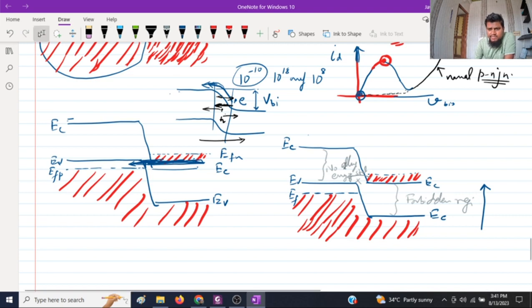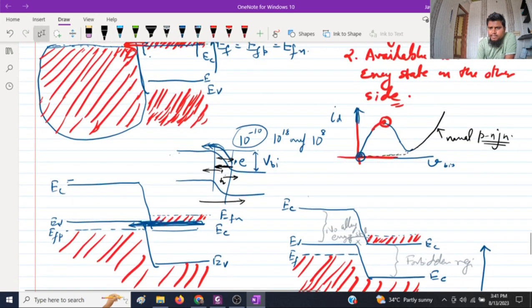So this is the IV characteristic of a tunnel diode. This maximum current is called the peak current, IP, and the voltage at which this happens is called the peak voltage.